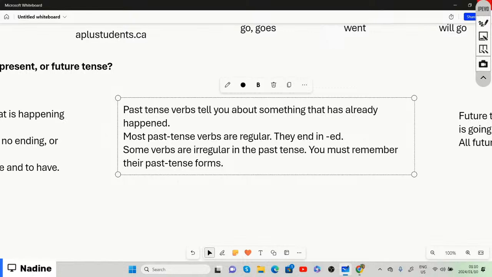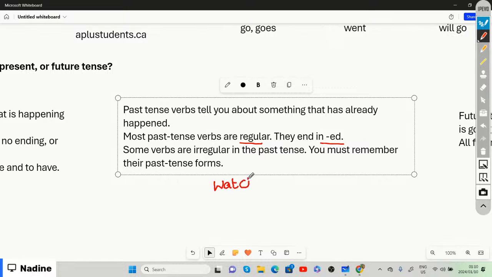And with most past tense verbs that are regular, they end in ed. So if the past tense verb is regular, then the rule is that the verb ends in ed. For example, watched.